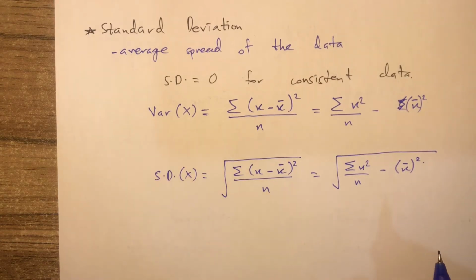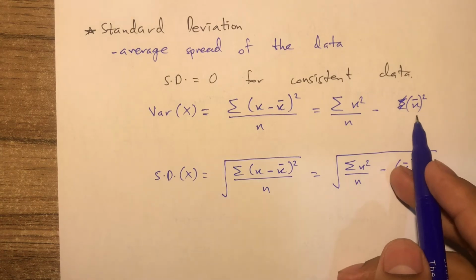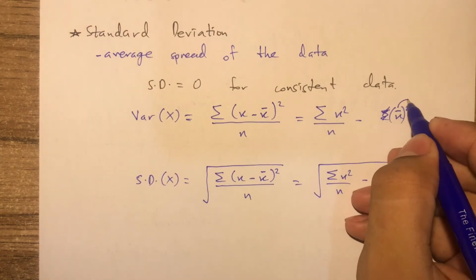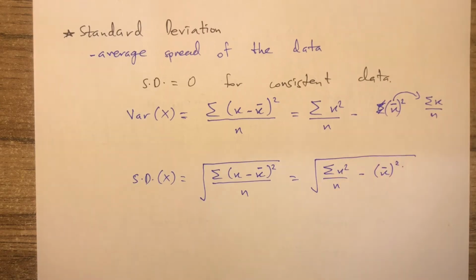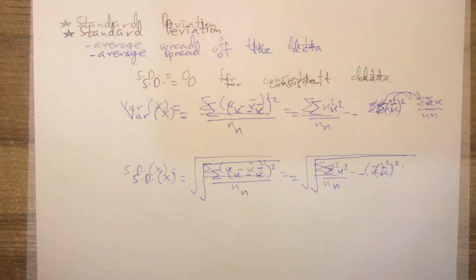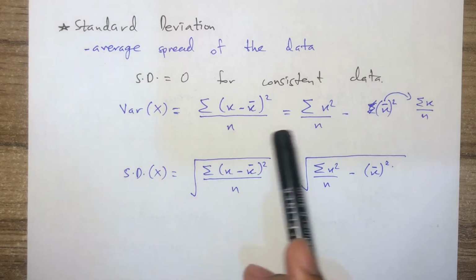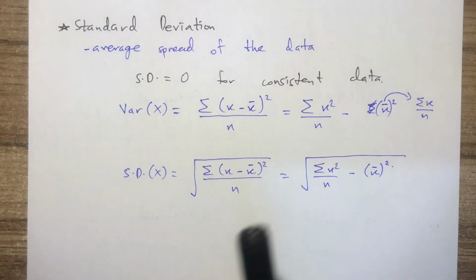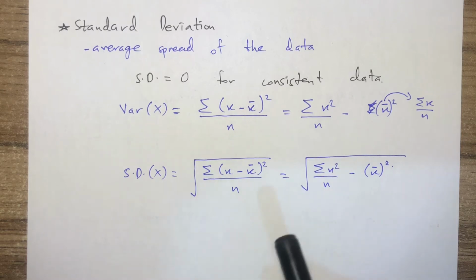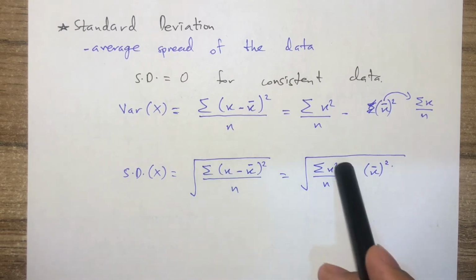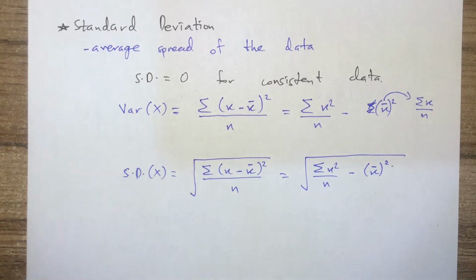Now one more thing, x bar is the mean, right? So we can replace x bar with sigma x upon n. Now the derivation of these formulas is not required, and neither is there the conversion of this into this, and this formula for standard deviation is also given in the MF19.